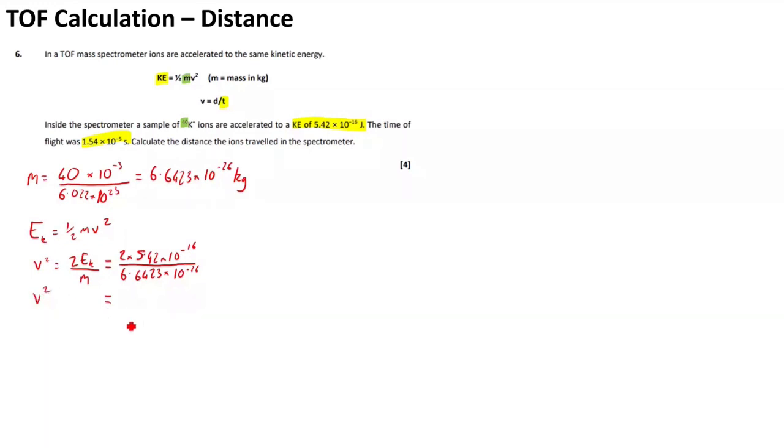So v squared equals 1.63 times 10 to the power 10.